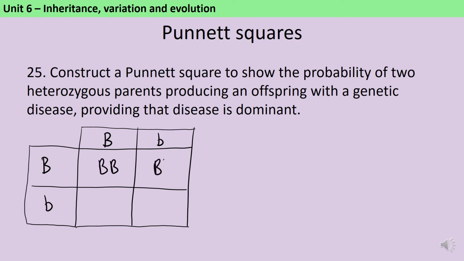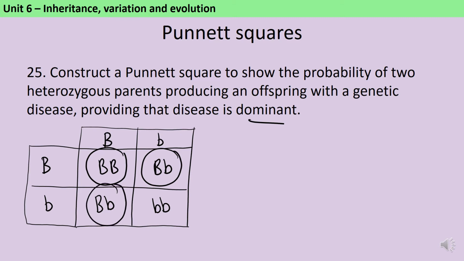And if I fill in all of the parts of my Punnett square, I have a very similar Punnett square because I've started with 2 heterozygous parents, but crucially this disease is dominant, and so that means that I only need one copy of the allele in order to have the disease. So obviously my homozygous dominant individual will have the disease, but also so will my 2 heterozygous individuals. So 3 out of 4 have the disease.